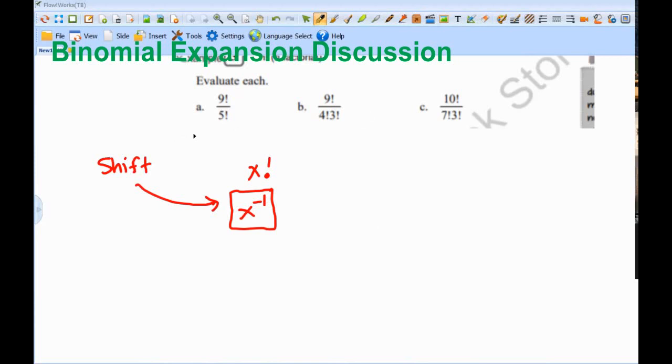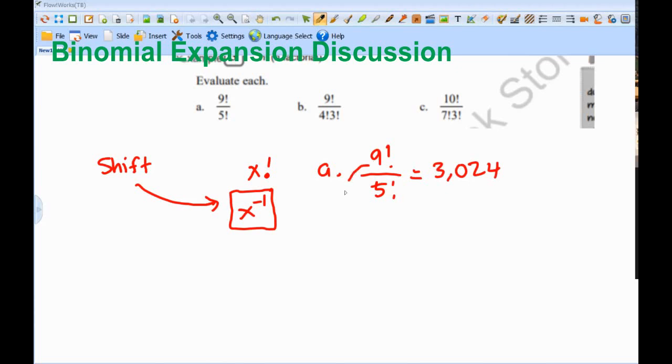Then you will see the exclamation point. That is called factorial. So just press that. 9 factorial over 5 factorial. What's the answer? 3024. Okay, 3024.